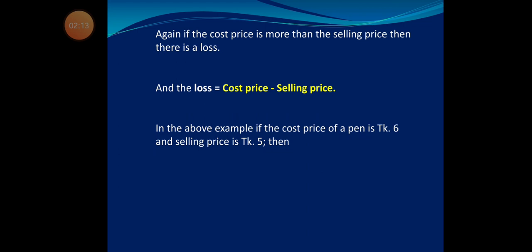Suppose in our previous example, the cost price was taka 6 and selling price was taka 5, then what happens? Then in this case, the cost price is higher than the selling price. So loss equals cost price minus selling price, and in this case, loss equals taka 6 minus taka 5 equals taka 1.